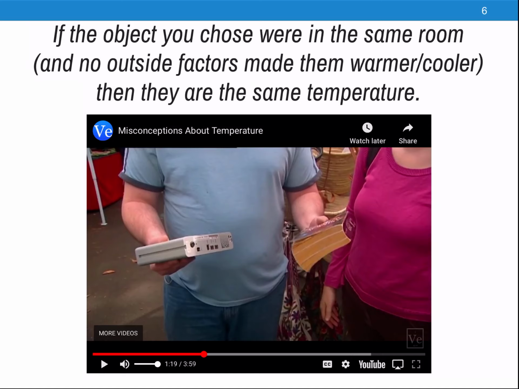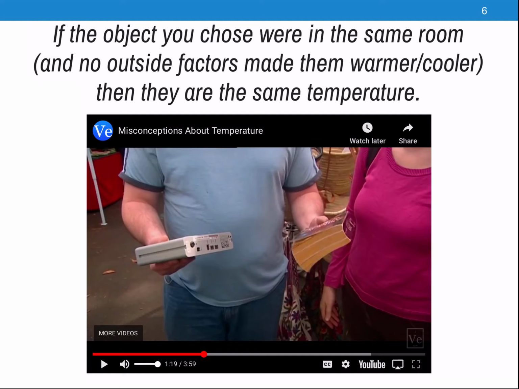Even though I'm not with you right now and we can't prove this with the infrared thermometer from the video, if your objects were sitting in the same room, I can almost guarantee that they are the same temperature, unless there's some outside factor causing a change, such as something sitting in the sun coming through your window, or something sitting right next to the air conditioning that was blowing out.